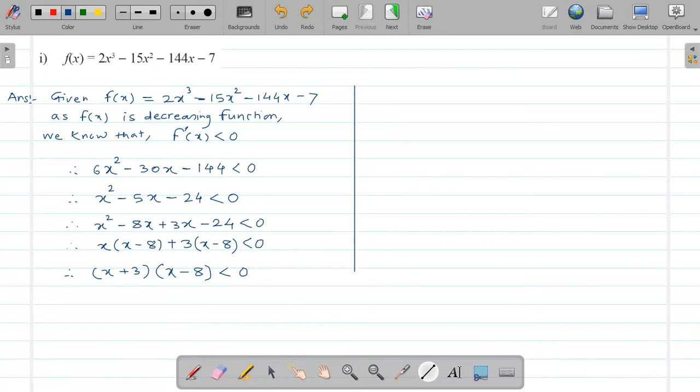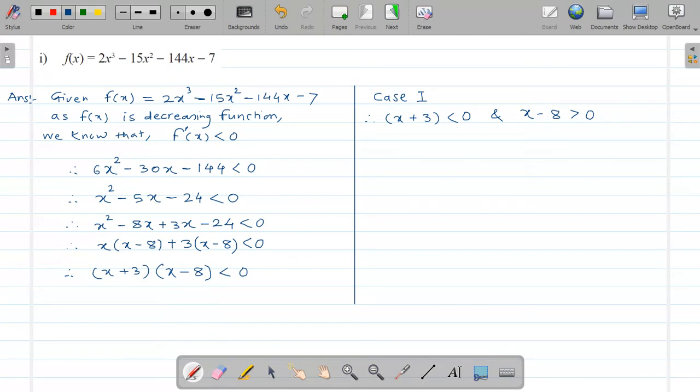Case number 1: first we consider that x plus 3 is less than 0 and at that time x minus 8 is greater than 0.